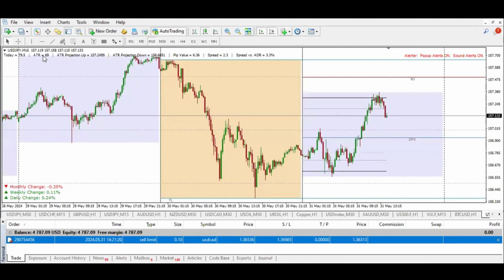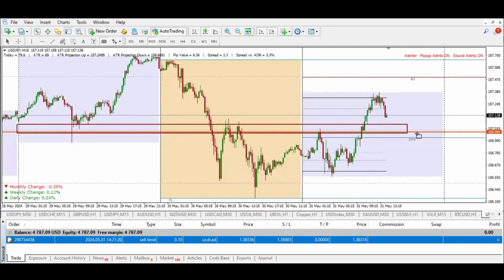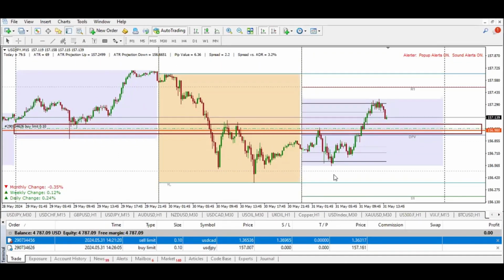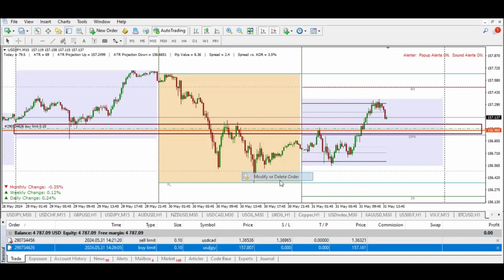Let's say this time around I'm trying to buy from this overall region right here, and I place a pending order here to buy. In this case, the next swing point will be down here, just below this. How many pips? Let's see. Let's set it up. Modify.